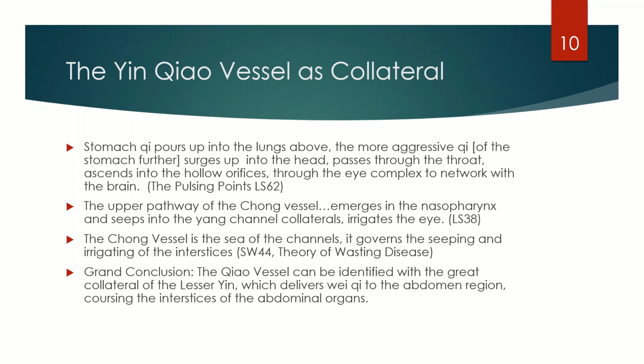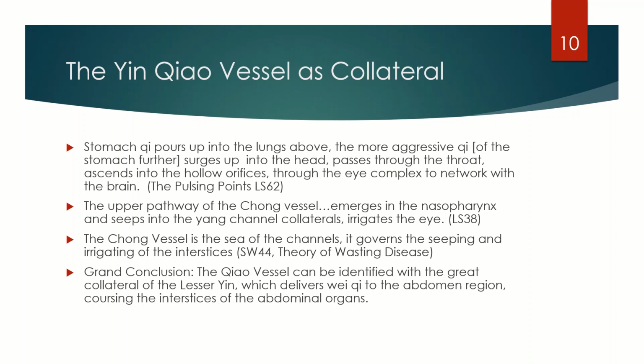And again, it's this nexus of the Yin Qiao channel, the Yangming brilliance, and the Chong Vessel. And so again, this is where it then communicates, you could say, with the Yin Qiao vessel, which again, just as in the brain where the Qiao vessel is functioning to conduit this wei qi into this extrachannel space, it's doing the same thing in the abdomen.